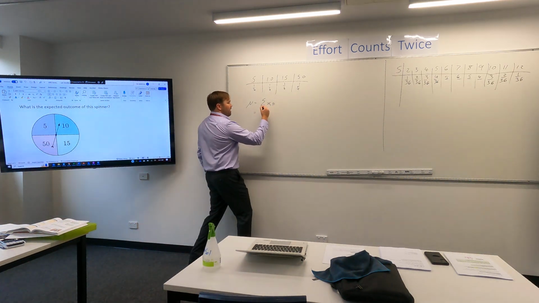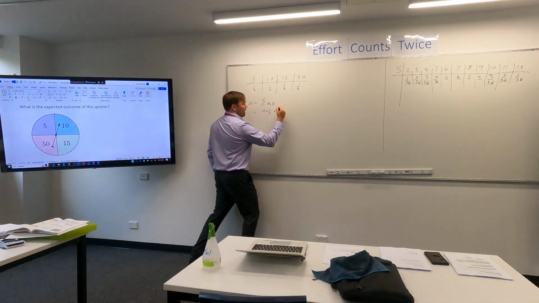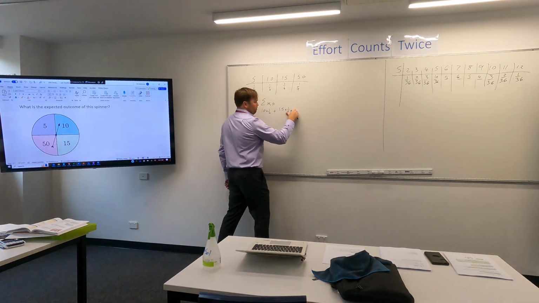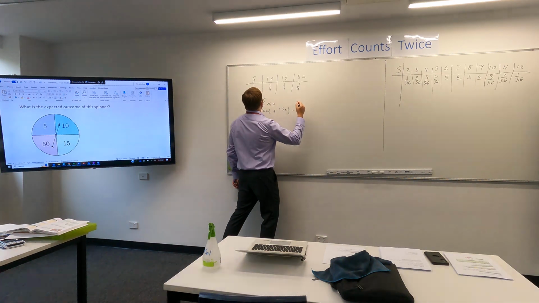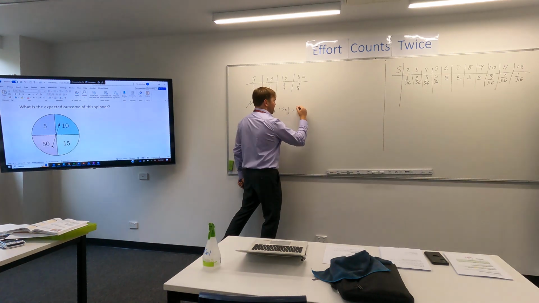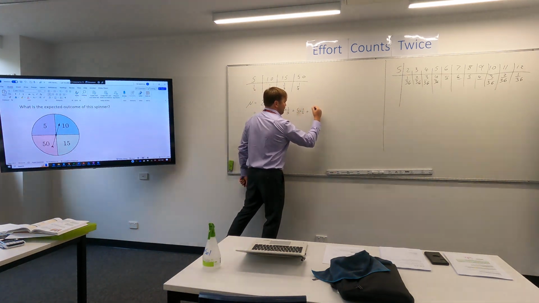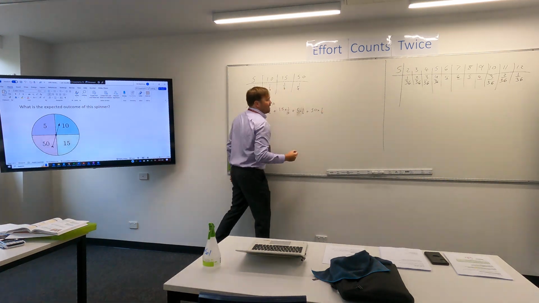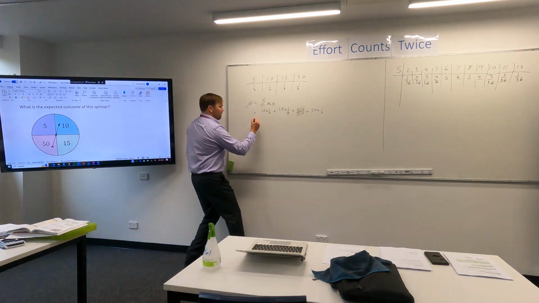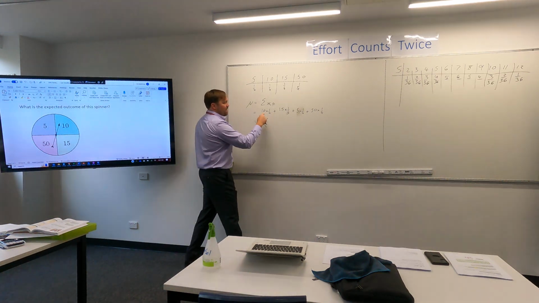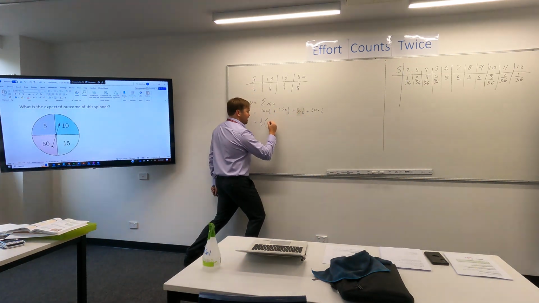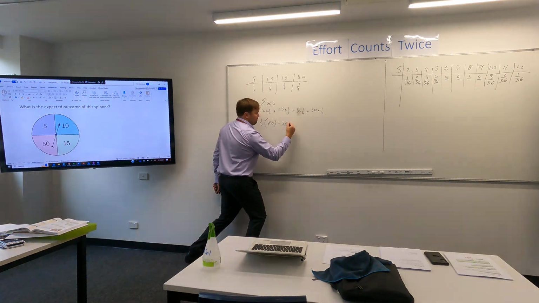So we are doing 10 times a quarter plus 15 times a quarter, plus 5 times a quarter, plus 50 times a quarter. You can effectively factor a quarter out, and then you have 10, 15, so 25, 30, and 50 is 80, which is 20.